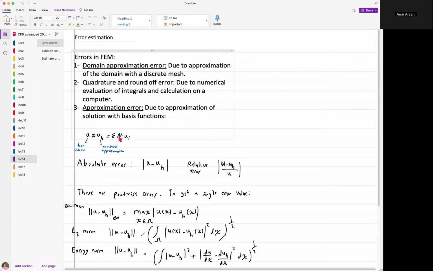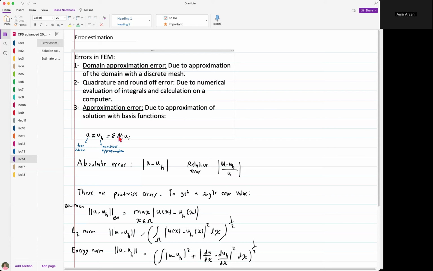So by defining the shape functions to be linear or quadratic, we are constraining the space of all possible solutions that we can have in each small element. And that assumption is what leads to approximation error.